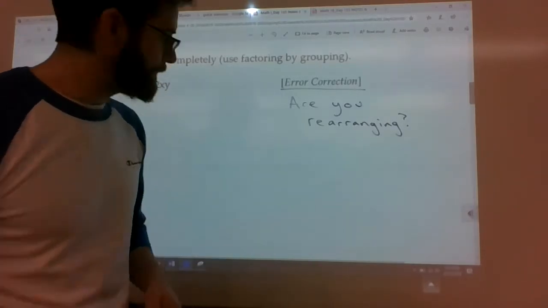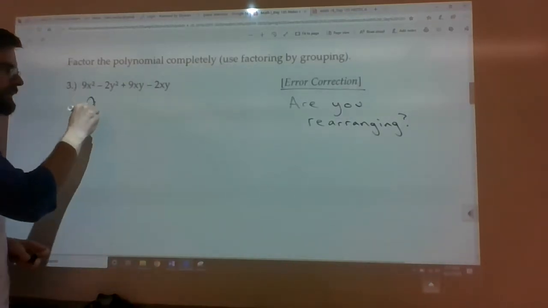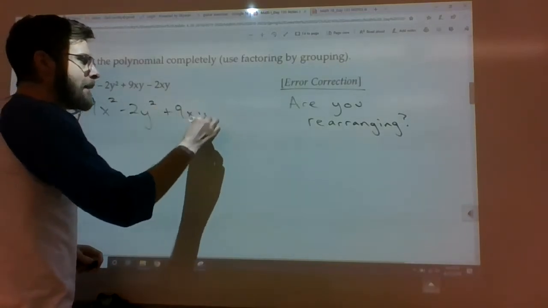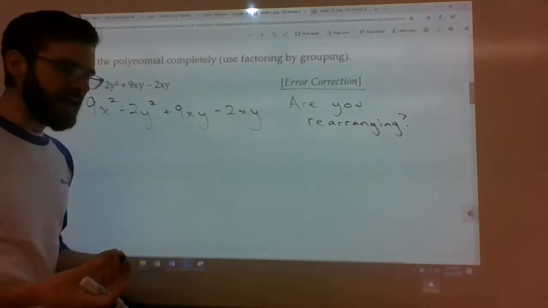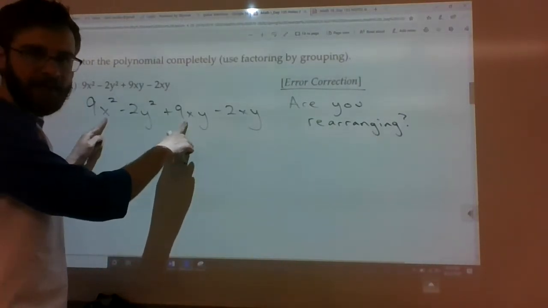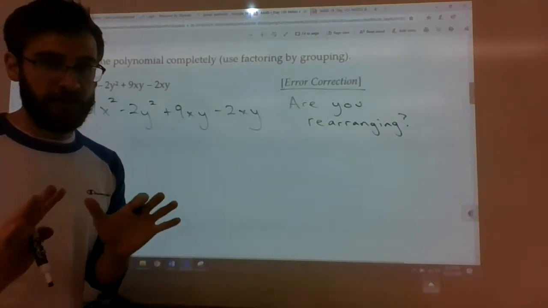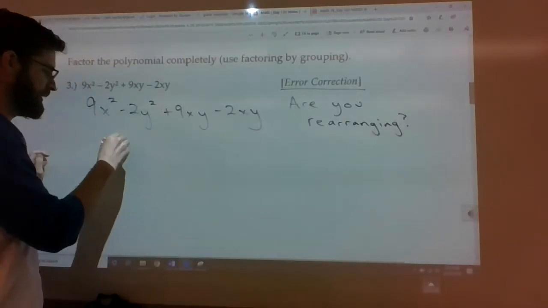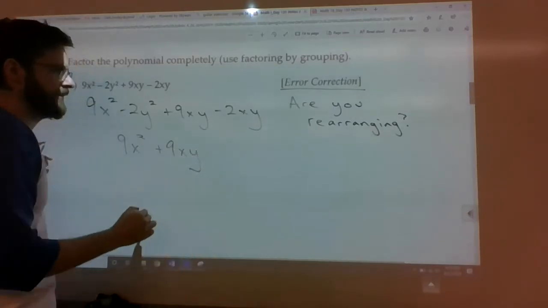Now when you see this, 9x squared minus 2y squared plus 9xy minus 2xy, I'm hoping that the 9x squared here and the 9xy are jumping out at you. It's like, hey, the 9s should go together, plus they share an x. So I'm going to rewrite this. It's going to be 9x squared plus 9xy.